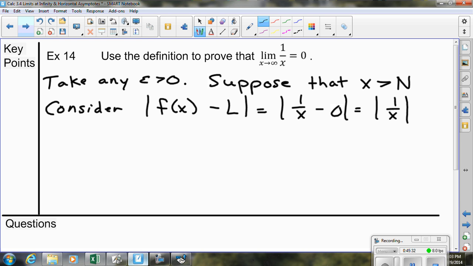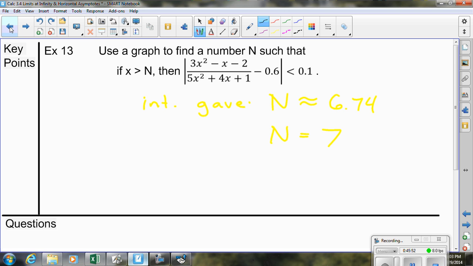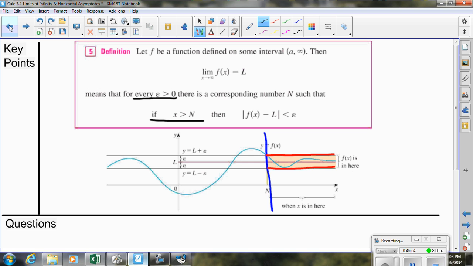And since we are considering x numbers approaching infinity, for any x value that's greater than 0, we get this is just 1 over x. Remember what we need. We need 1 over x to be less than our epsilon.